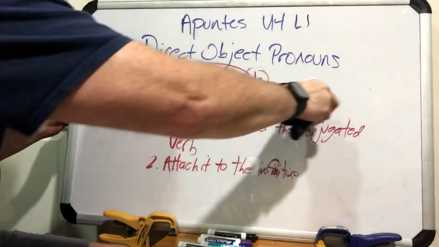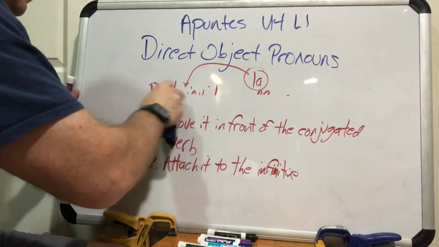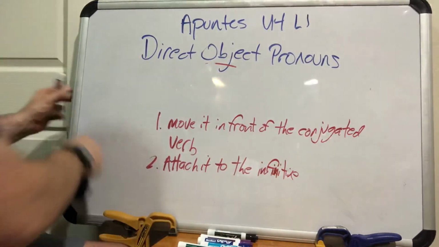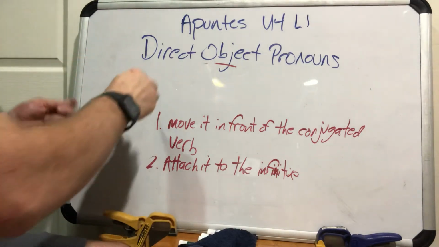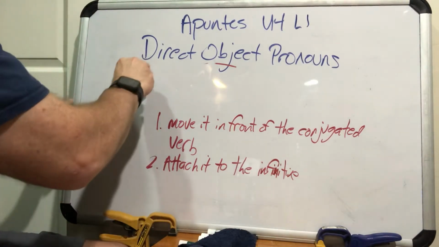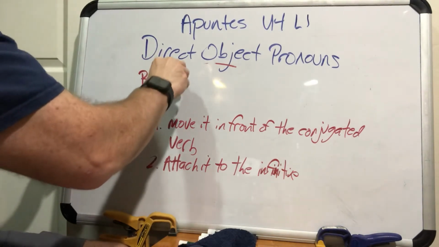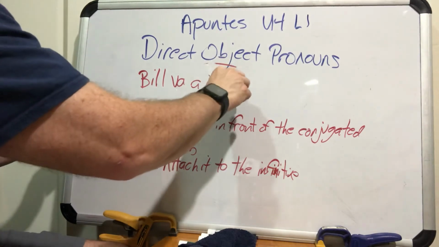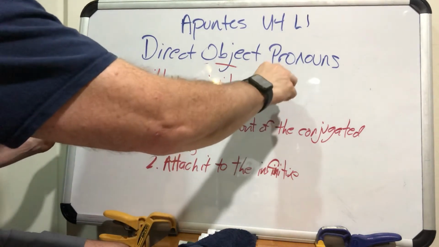Let me give you a sentence that does have one, though. So let's say my sentence is, Bill is going to invite Maria. So you say, Bill va a invitar a Maria.